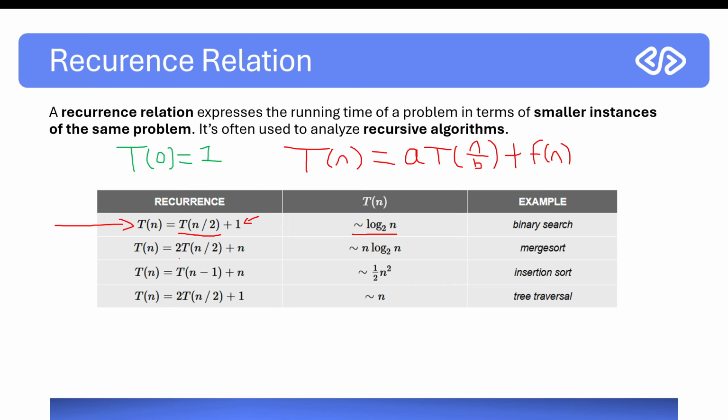So here we go again. Merge sort. It's very similar to the recurrence relation of binary search. They're both splitting something in half, so again, B is 2. But we can see that merge sort has a 2 here. So basically you're doing this twice, because you're splitting them in half on both sides.